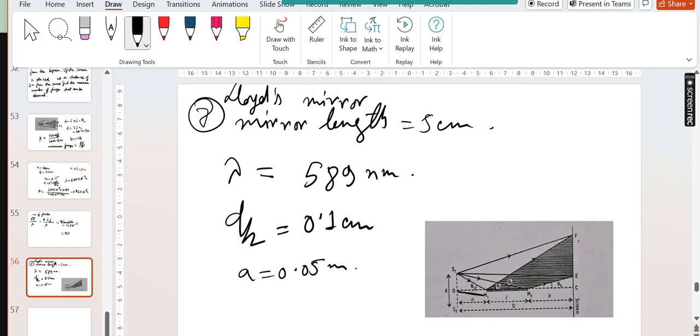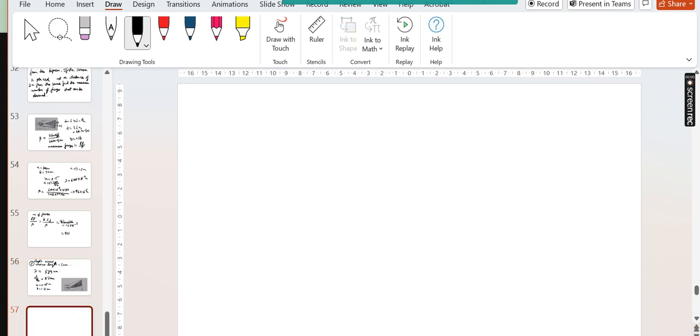Find the fringe width on a screen placed 1.2 meter from the slit. So basically D is equal to 1.2 meter, and determine the maximum number of observable fringes. So let me put the question here.